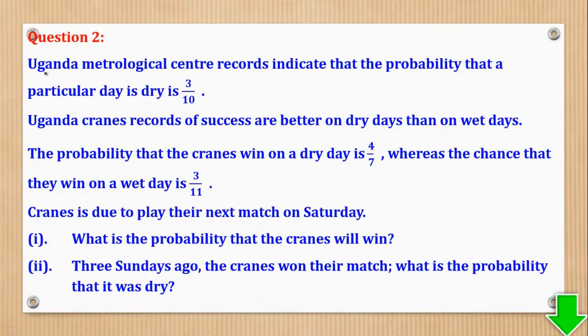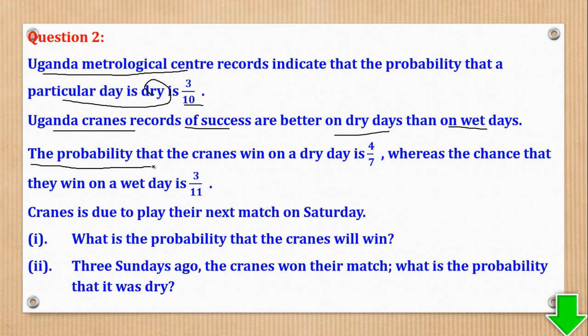Then question 2 says Uganda Meteorological Center records indicate that the probability that a particular day is dry is 3/10. Uganda Cranes records of success are better on dry days than on wet days.